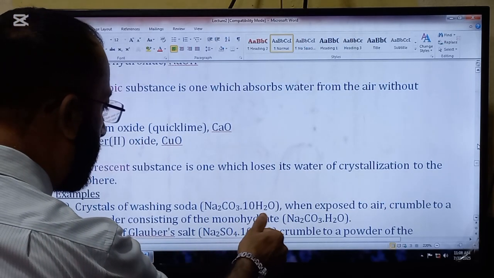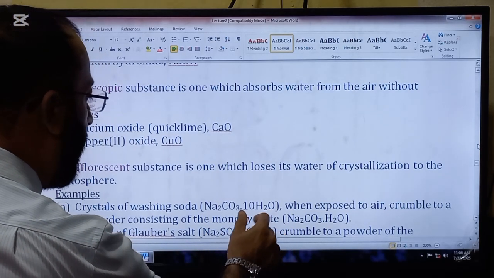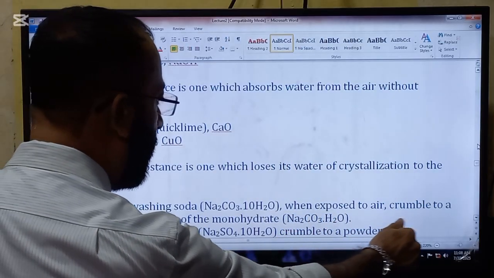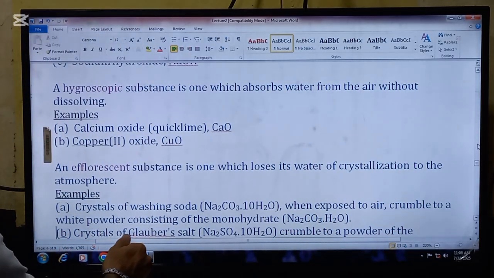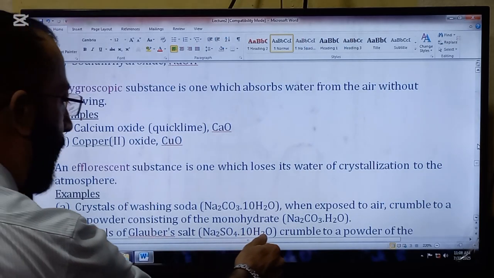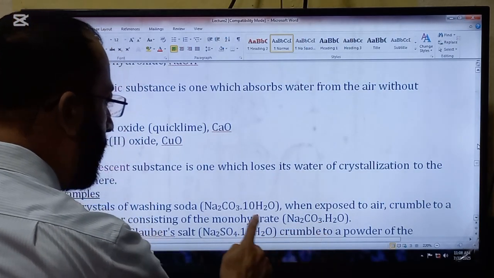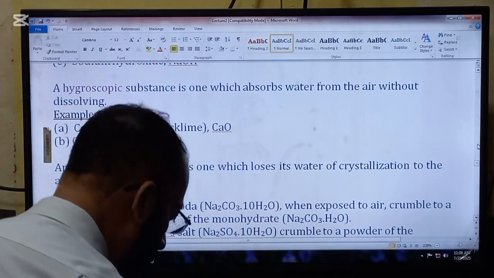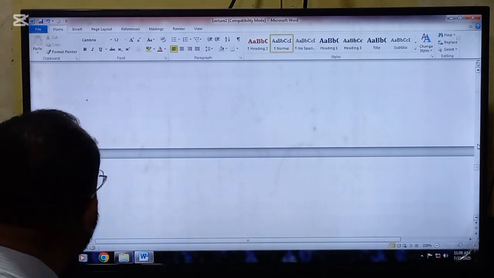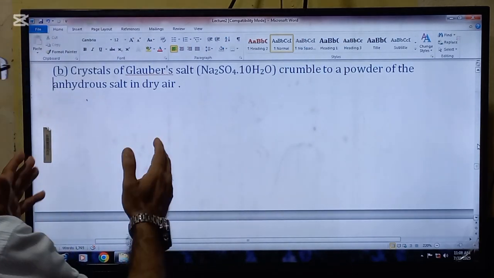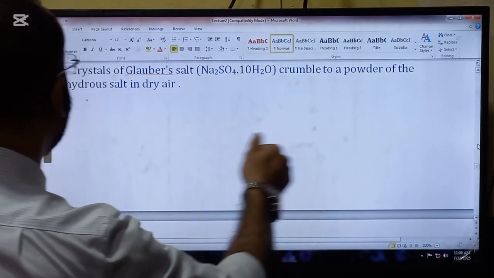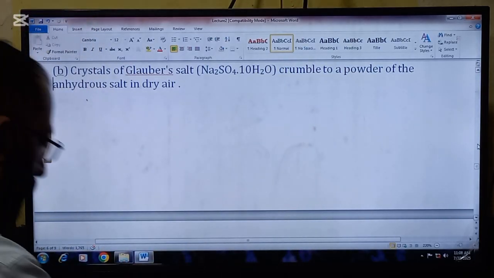When exposed to air, they crumble to a white powder consisting of the monohydrate. So can you see, 9 molecules of water have gone into the atmosphere. Crystals of Glauber salt are another example, crumbling to a powder of the anhydrous salt in dry air.